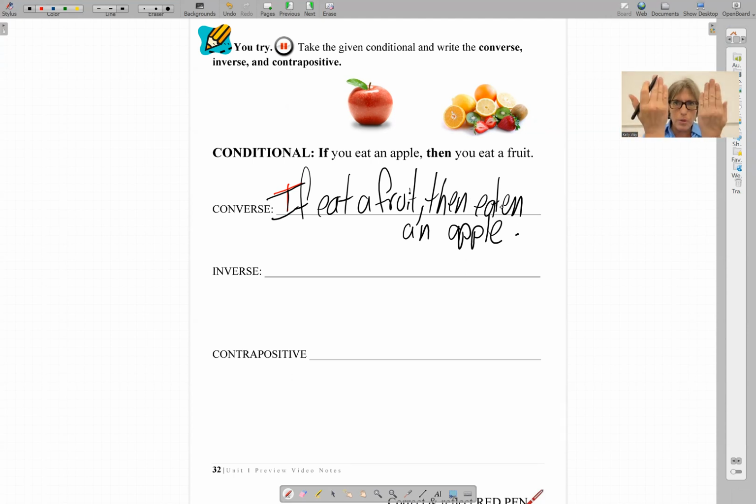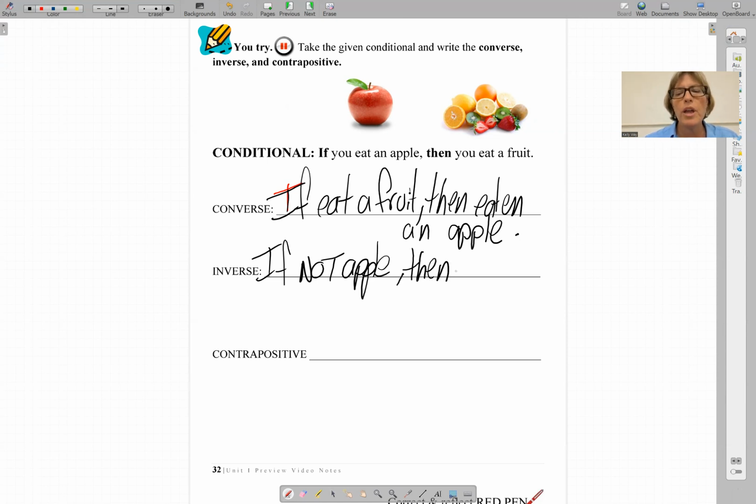Inverse, you say the opposite. If you haven't eaten an apple, if not an apple, again, don't tattletale for the grammar shortening here. Then if you've not eaten an apple, then you have not eaten a fruit. That would be the inverse flip. Contrapositive, you switch and flip.